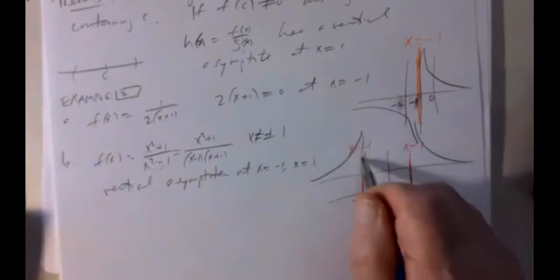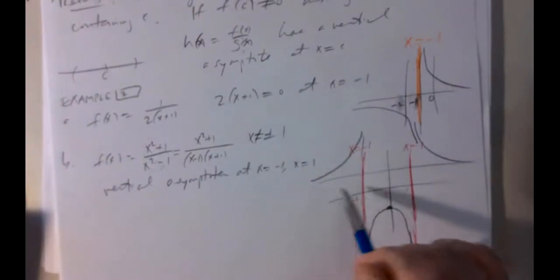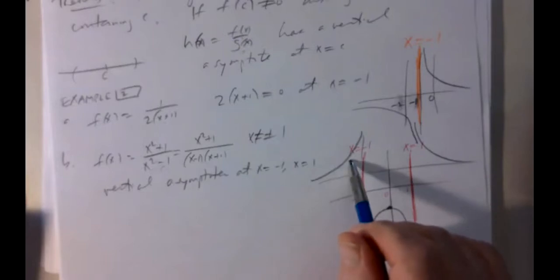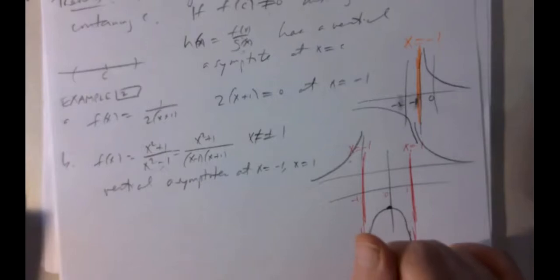And if x is bigger than 1 or less than minus 1, x squared is bigger than 1, so the denominator is positive. Positive over positive is positive. Function is going to look like that. So as you approach minus 1 from the left, the limit is plus infinity. As you approach minus 1 from the right, the limit is minus infinity.